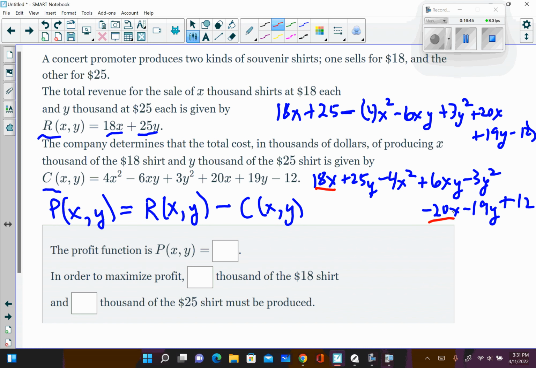18x minus 20x is negative 2x. 25y minus 19y is positive 6y.